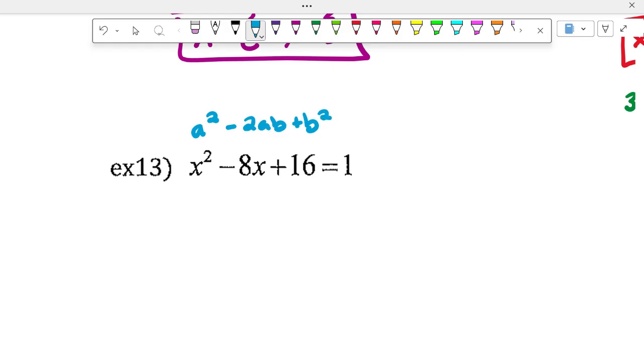So is it true that the first and last term are perfect squares? Is x squared a perfect square? Yes. Is 16 a perfect square? Yes. And then let's go ahead and take those square roots, so I get my a and b.